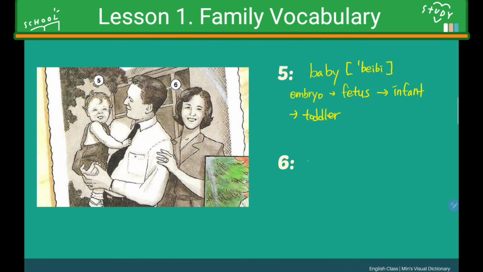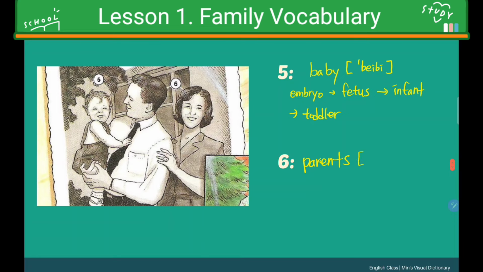And now we have parent. But here we have two, so we say parents. Parent. And the pronunciation would be like this. Parent.